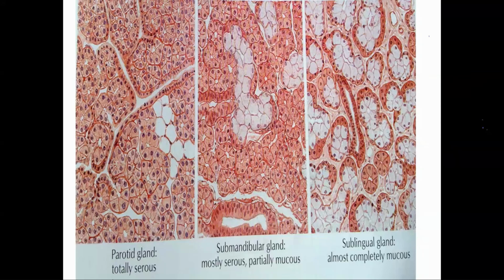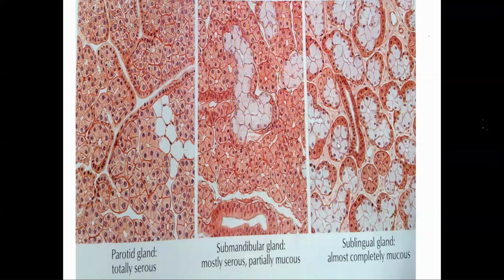The parotid gland is completely serous, whereas the submandibular is mixed. It has mucous as well as serous acini. Whereas the sublingual gland is mostly mucous in nature. See, serous cells take a stain, whereas mucous cells do not take stain.